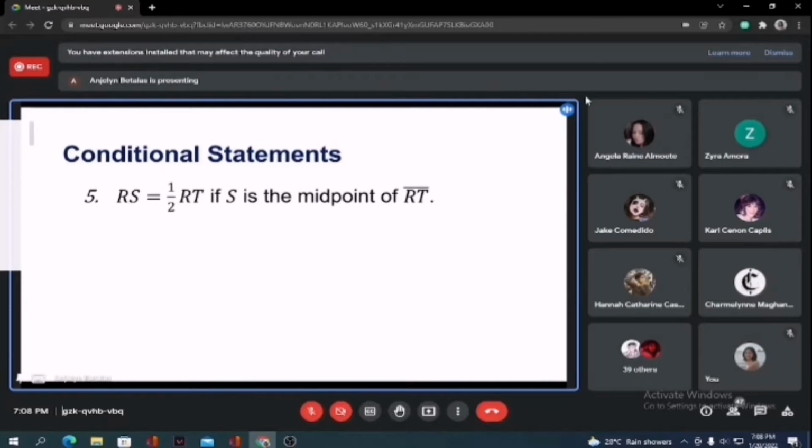So, the measure of angle 1, you're referring to an angle. The length of RS or segment RS is equal to 1/2 of the length of segment RT if S is the midpoint of segment RT.